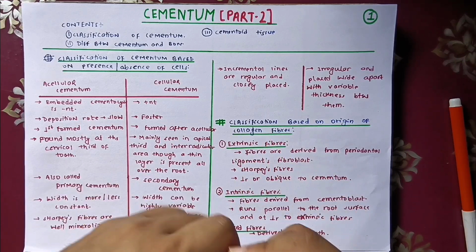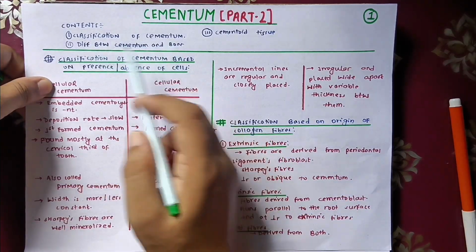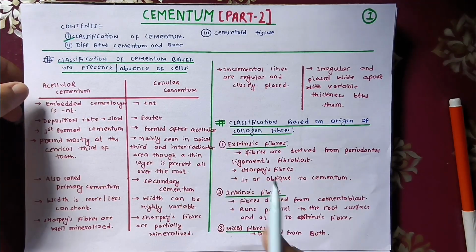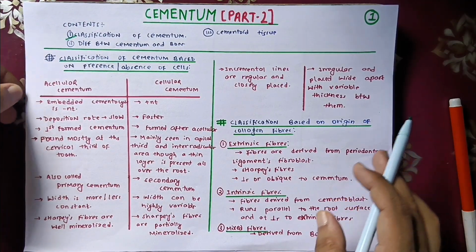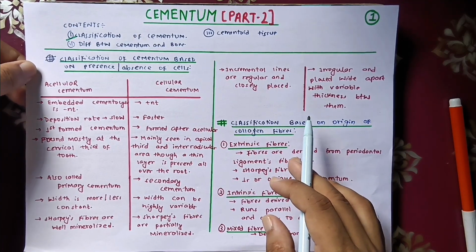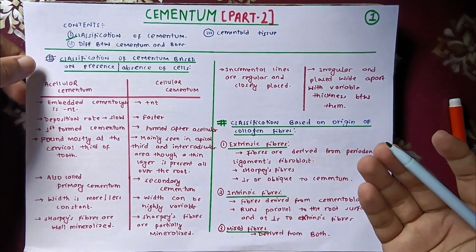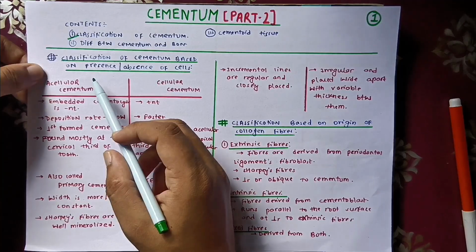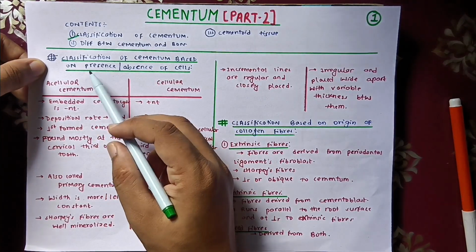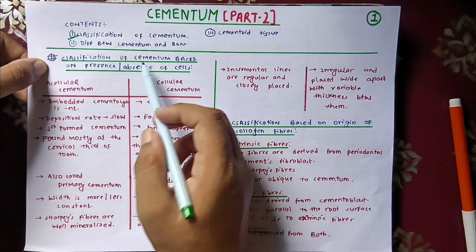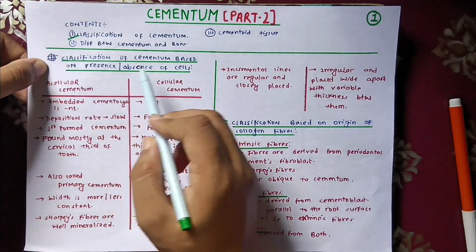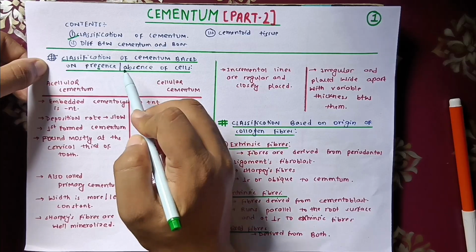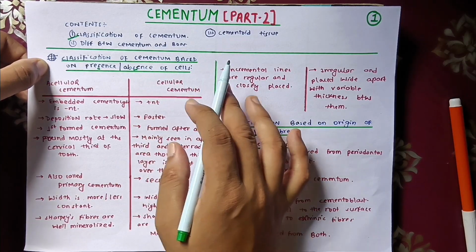So our first topic is the classification of the cementum. We can classify cementum on different bases. First of all, we will classify cementum on the basis of the presence or absence of the cell, whether the cell is present or absent.